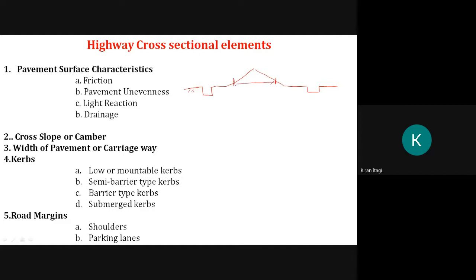This is your carriage width. This also we will see in depth. Carriage width, this is your shoulders, and this will be the road margin. And here we have a side drain.